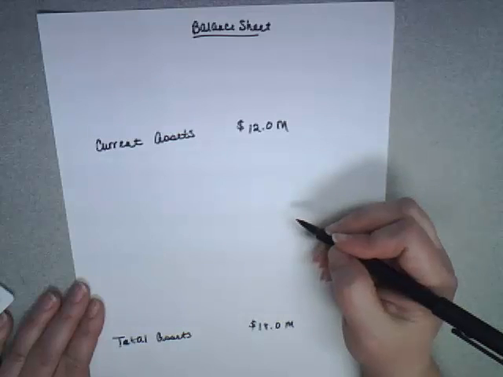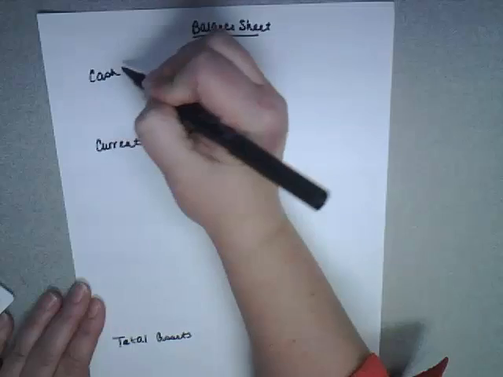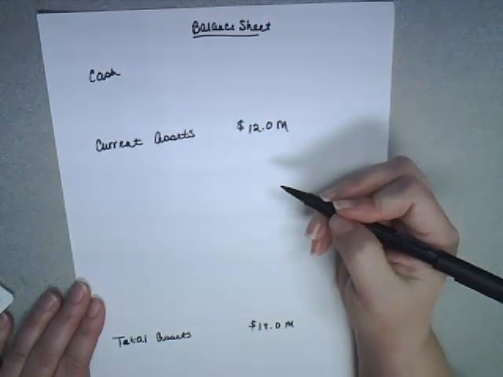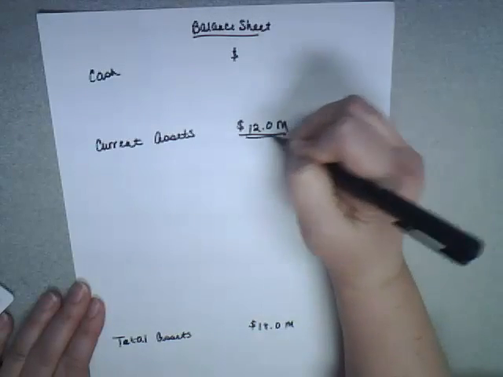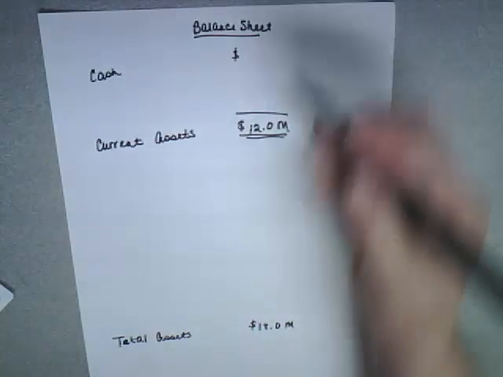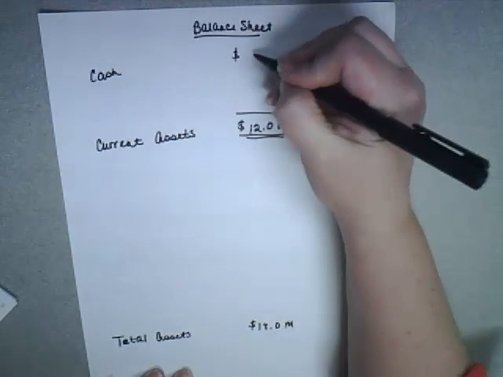We know that cash makes up 10% of the current assets. Since current assets are 12 million, 10% of 12 million is our cash balance, and that gives us 1.2 million.